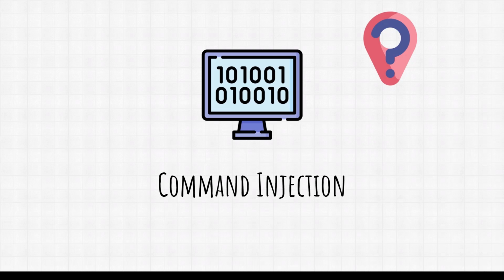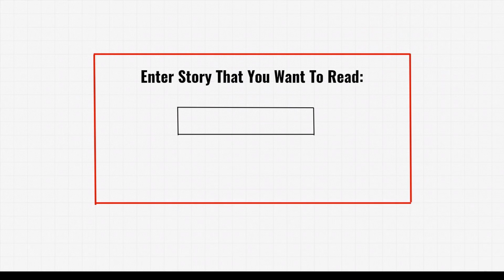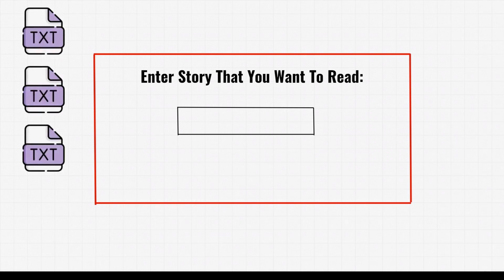Say we have a simple web application that lets people read different stories. It gives you a list of stories that it has available, and you type in which one you want to read. Let's say that those stories are stored in TXT files on the server.